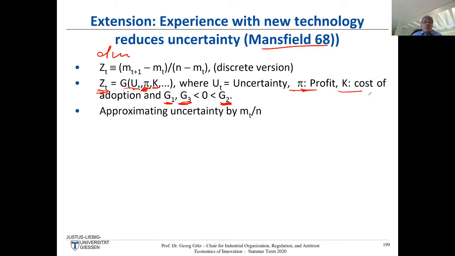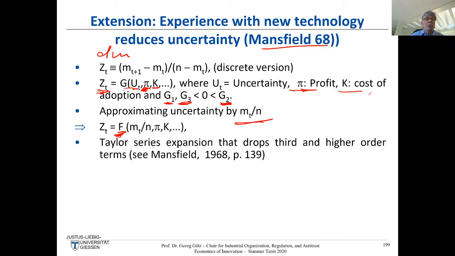And actually what Mansfield said is that you get much less uncertainty if more people have adopted the new technology. So this is just a proxy for uncertainty. And you have to, of course, change your function now, because m over n now, if m increases, this just means a drop in uncertainty. Therefore, you would get a higher number of adopters.